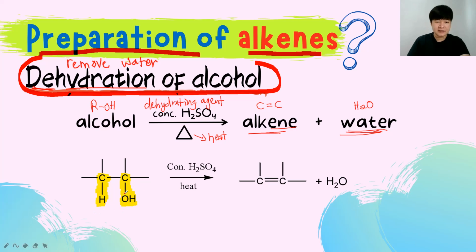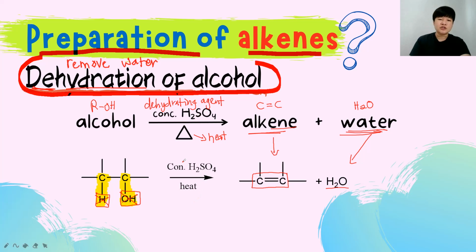What happens is the OH will be removed from one carbon, and another hydrogen will be removed from the adjacent, neighboring carbon. And then the double bond will be produced between the two carbons, producing water. So that is how you produce your alkene and also how you remove your water.